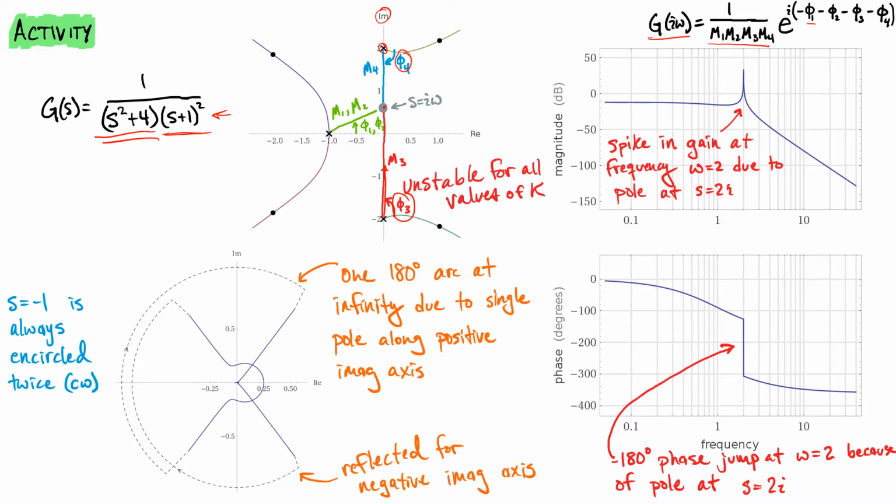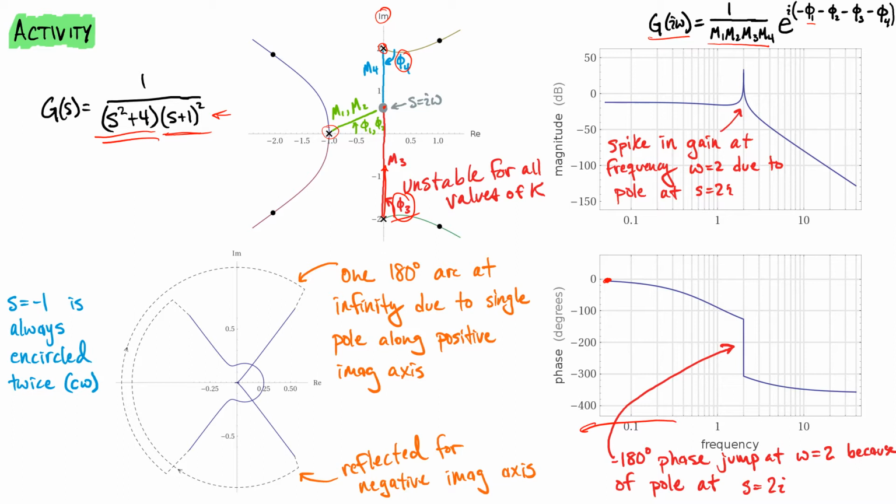Then phi 1 and phi 2, which come from these two poles at -1, start at 0 and slowly increase. When s is very close to the origin, so omega is very small, phi 1 and phi 2 are essentially 0. Phi 3 is plus 90 and phi 4 is minus 90. And so for that reason, the Bode diagram should start at 0 degrees, asymptotically approaching 0 degrees as we hit smaller and smaller frequencies.